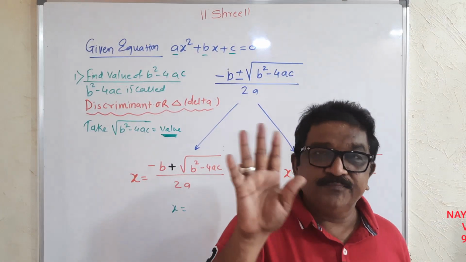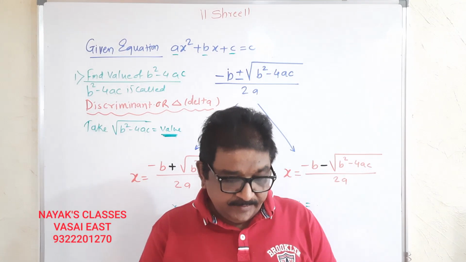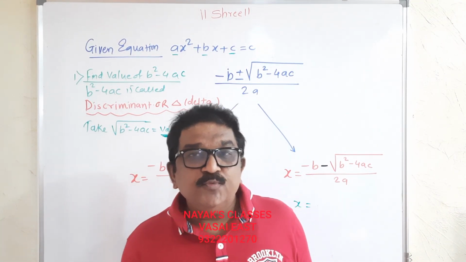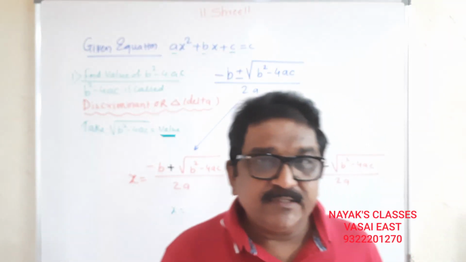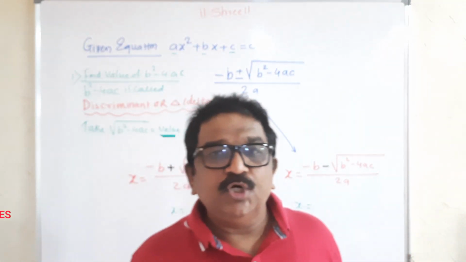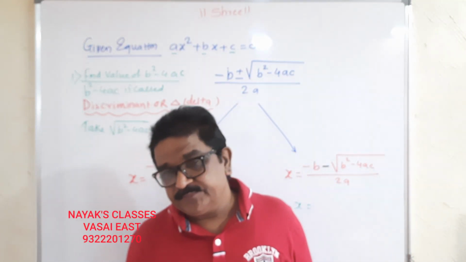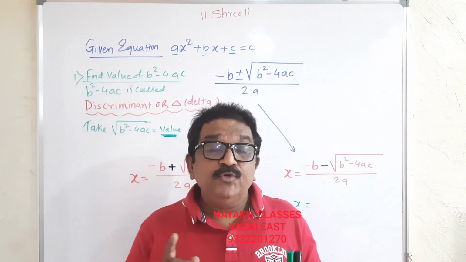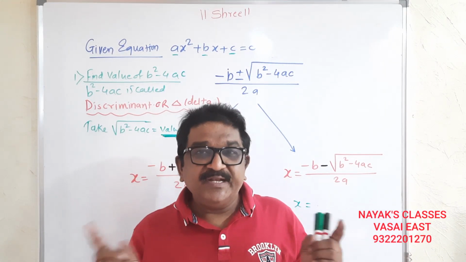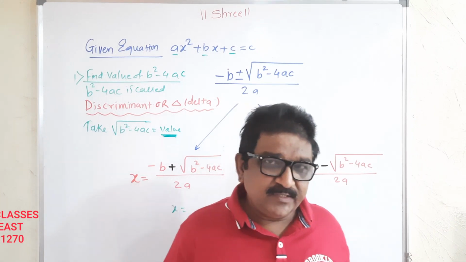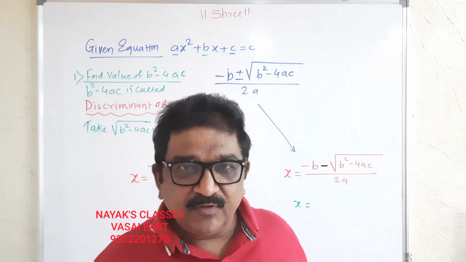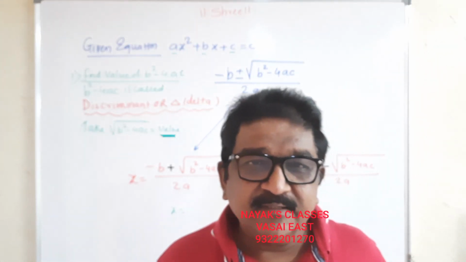Hi students, we are starting today one new method of solving quadratic equation that is called formula method. You have seen splitting the middle term, first one, then first term into last term, second method.